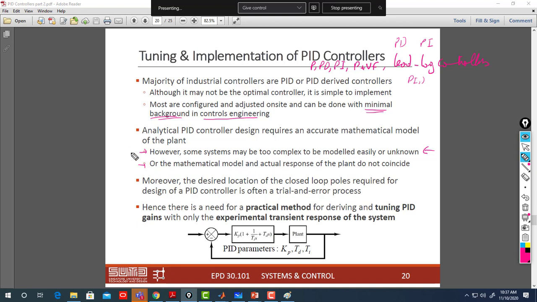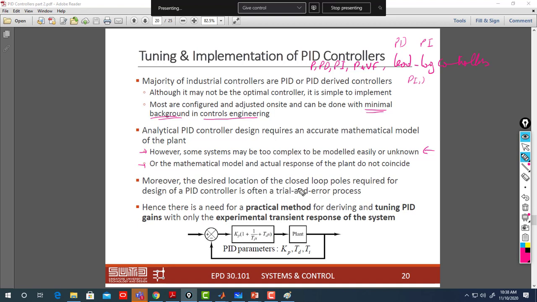We make a lot of assumptions when we model a system. Even the simple DC motor we are studying, in reality it's not a linear system except under some conditions, under some assumptions. So if you apply high voltage on it, it becomes saturated and becomes non-linear, for example. So under some assumptions, we model a system.